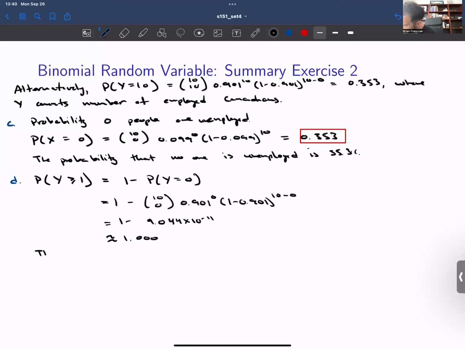So the probability at least one person is employed is approximately 100%.